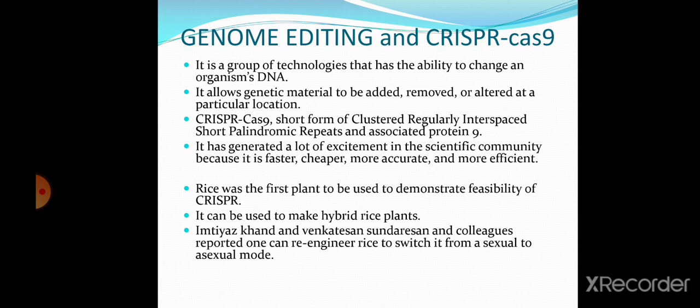So, under this treatment, genome editing or gene editing, one can switch the rice plant from a sexual to an asexual mode. We can re-engineer.